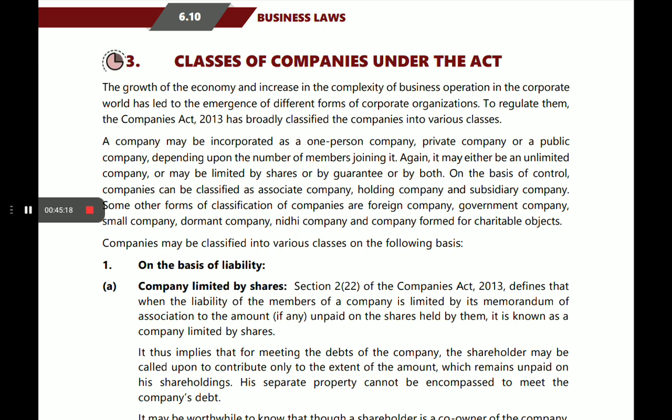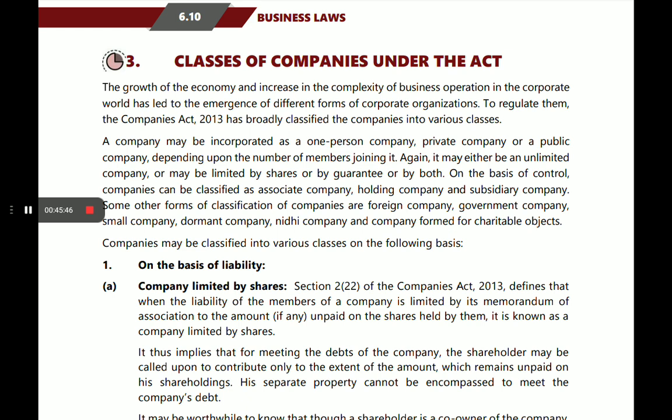Again, it may either be an unlimited company or may be limited by shares or by guarantee or by both. On the basis of control, companies can be classified as associate company, holding company, and subsidiary company.